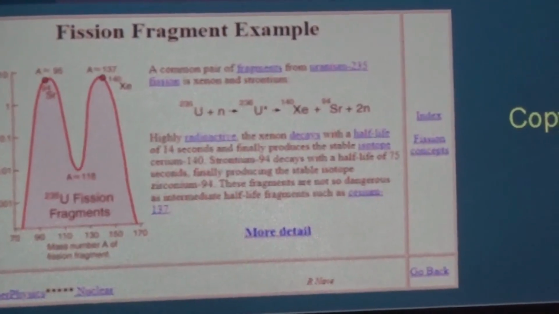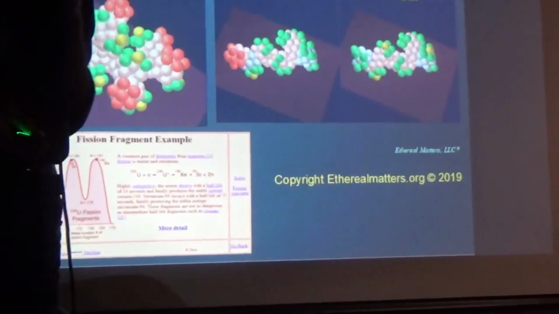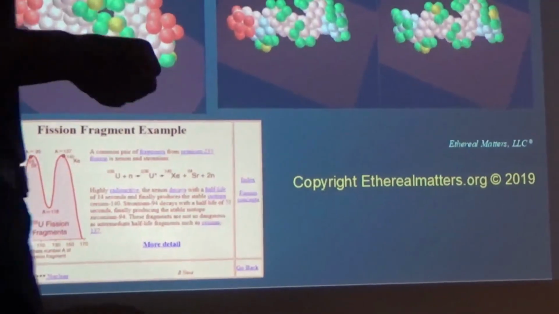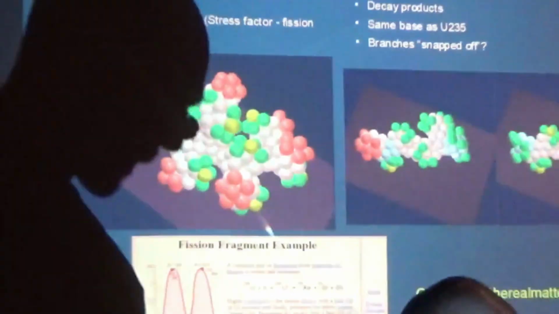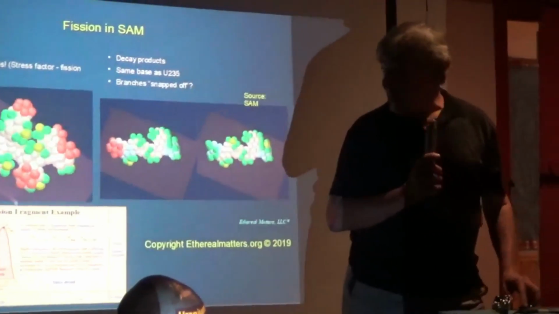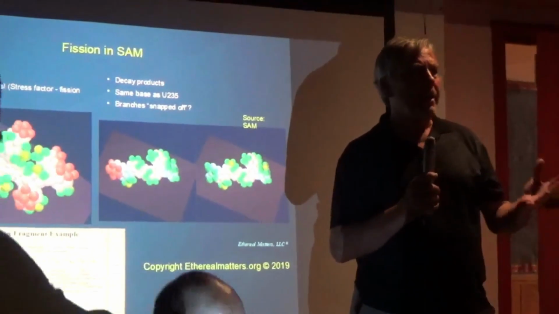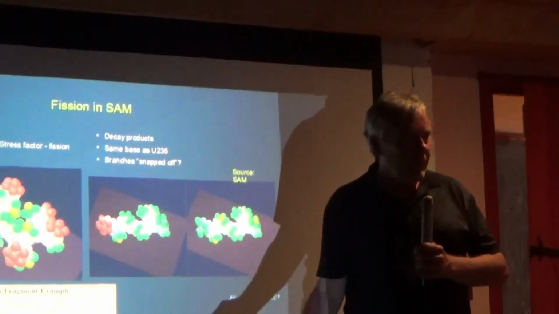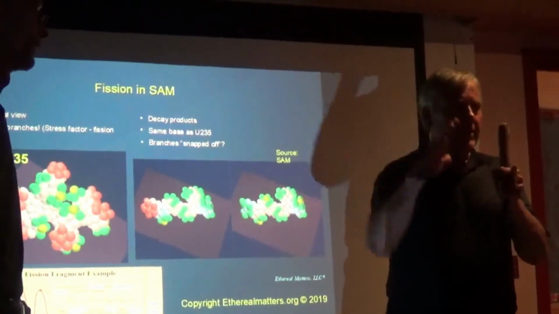The reason I pointed it out is because in the next slide we're going to try and compare it with some data that we've seen here on the conference. So even though we have nuclear reactors and we've bombed a few countries and things like that, we really don't understand how the atom splits in fission, and we don't understand why it doesn't split in half.